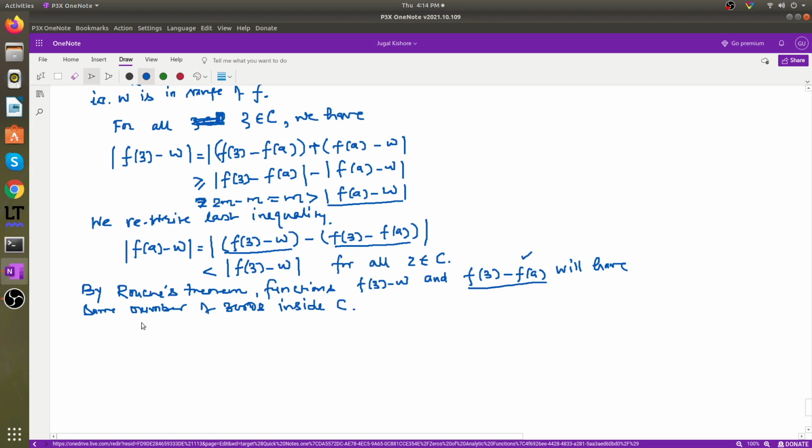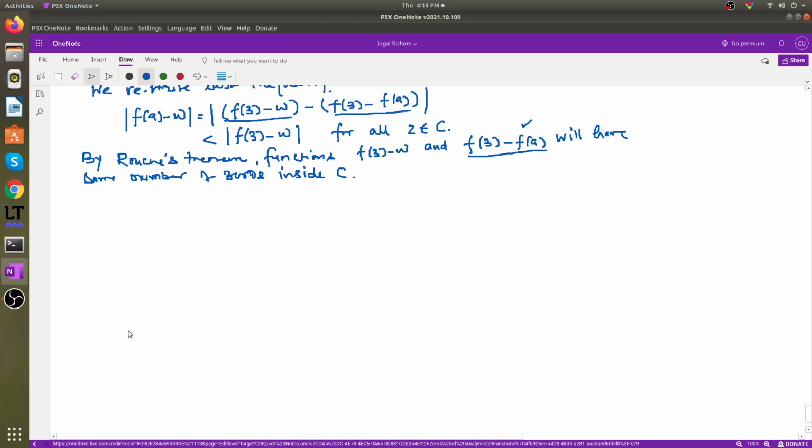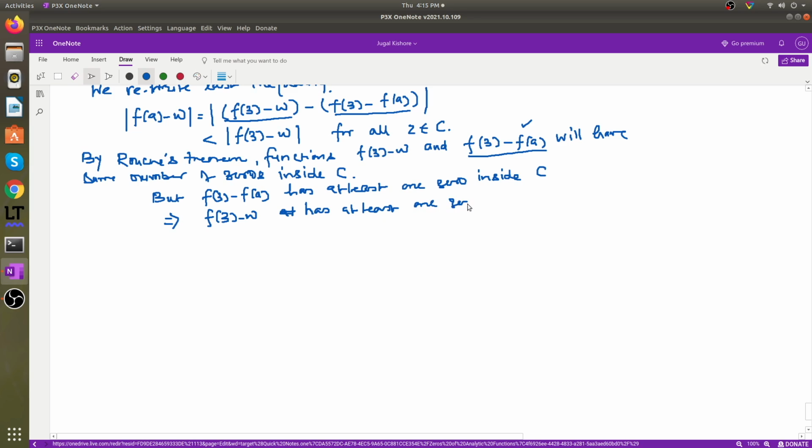So f(ζ) minus f(a) has at least one zero inside C. It means f(ζ) minus w will have at least one zero inside C.